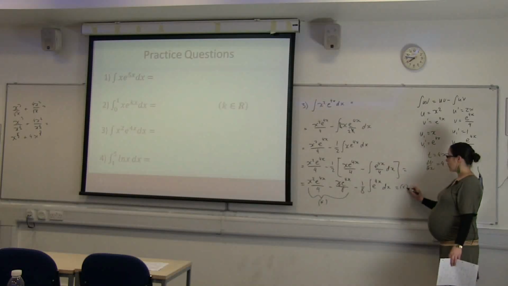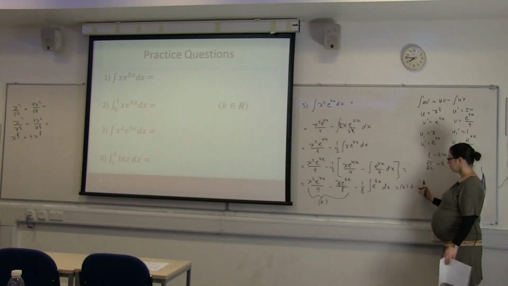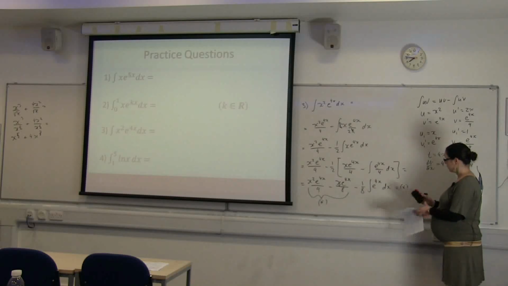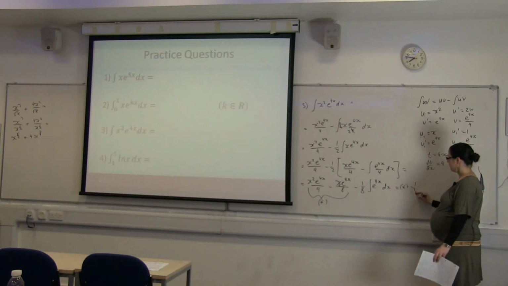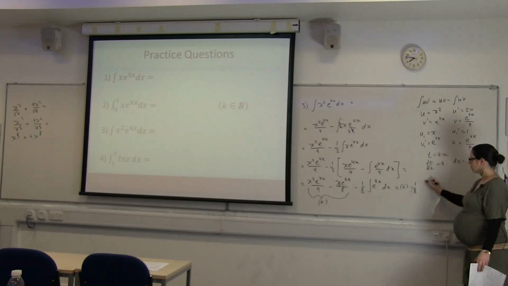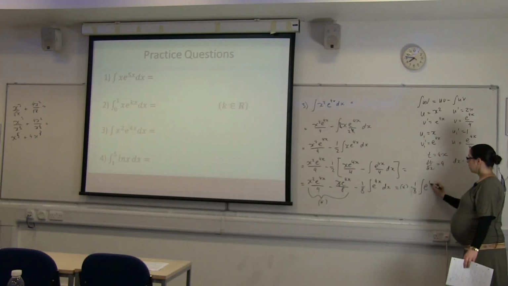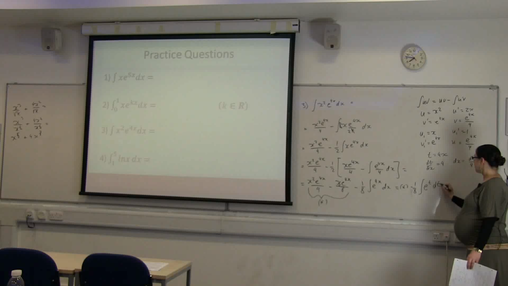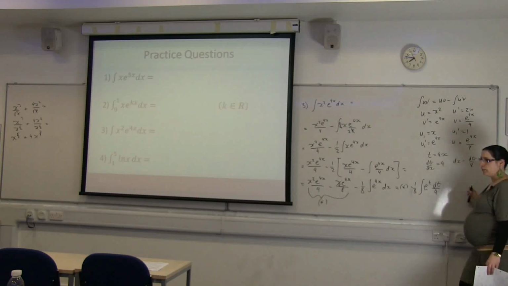So you've got star, not plus, minus 1 over 8 times the integral of e to the t dt over 4.